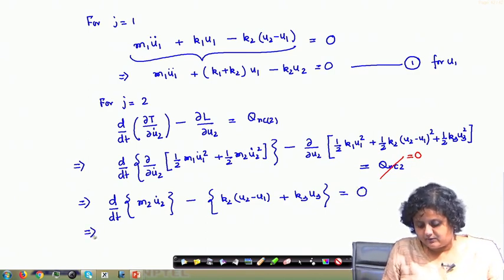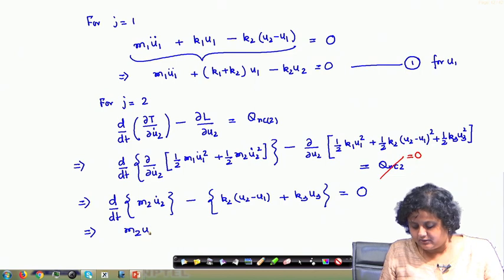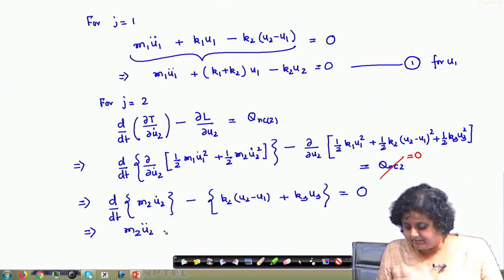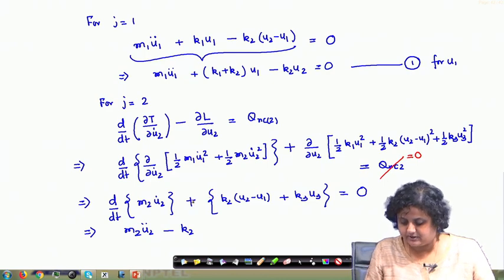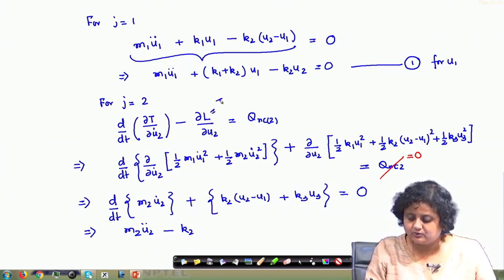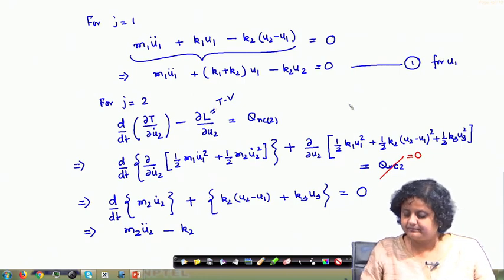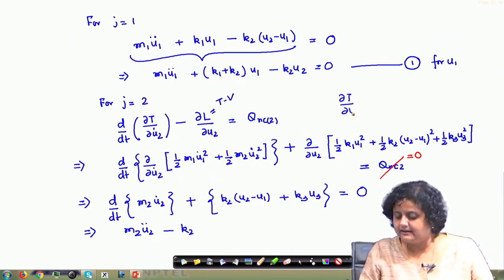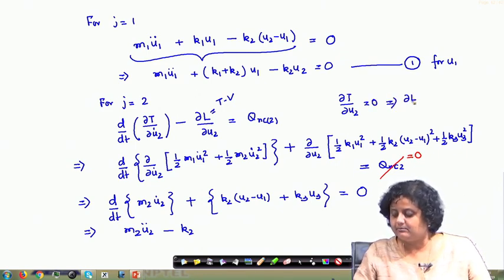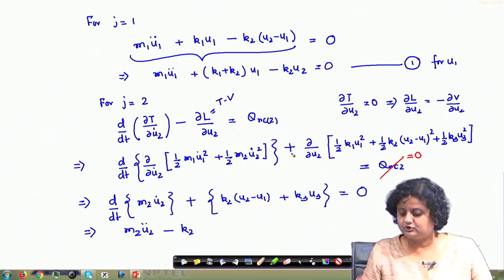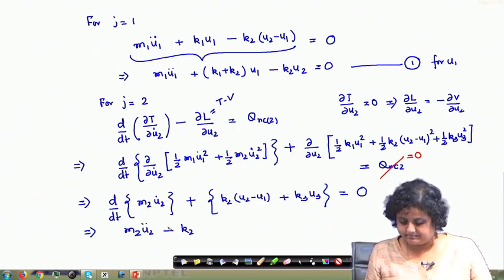So, this equation ends up being m2 u2 double dot minus k2. So, sorry, this should be plus, because L is equal to T minus V, and del T by del u2 is equal to 0. Therefore, del L by del u2 is minus del V by del u2. So, this should be plus. So, I have a plus here.